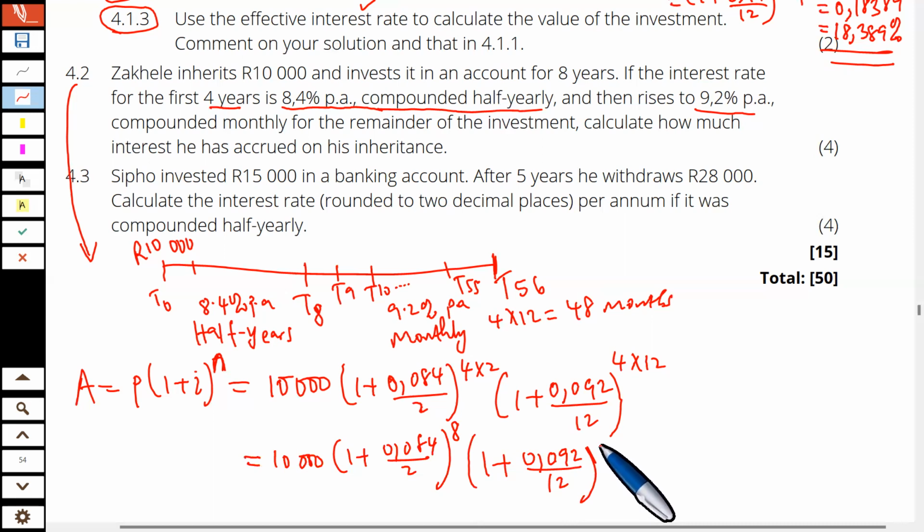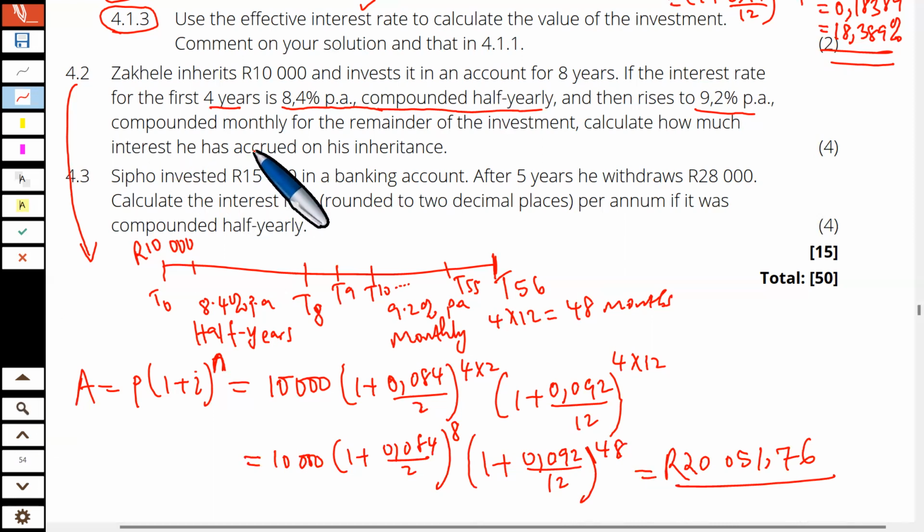What is 4 times 12, which is 48? Using a calculator, you're able to see that this is going to be exactly 20,051.76.